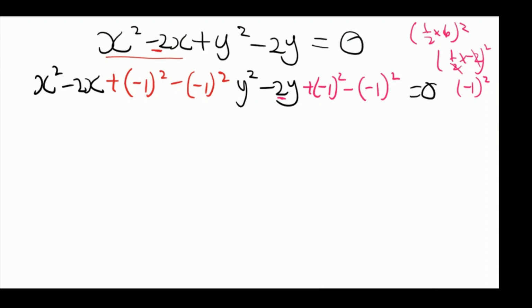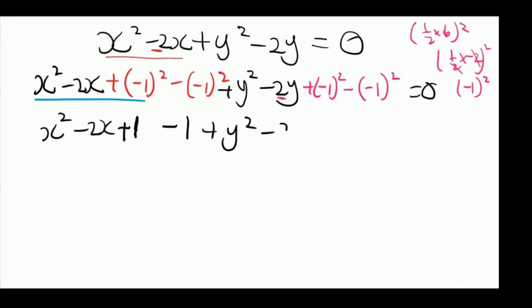So what you need to do is factorize this portion here. So you have x squared minus 2x plus 1, because the minus 1 squared will give you a positive, and then you have minus 1 here, plus y squared minus 2y plus 1 minus 1 equals 0, right?